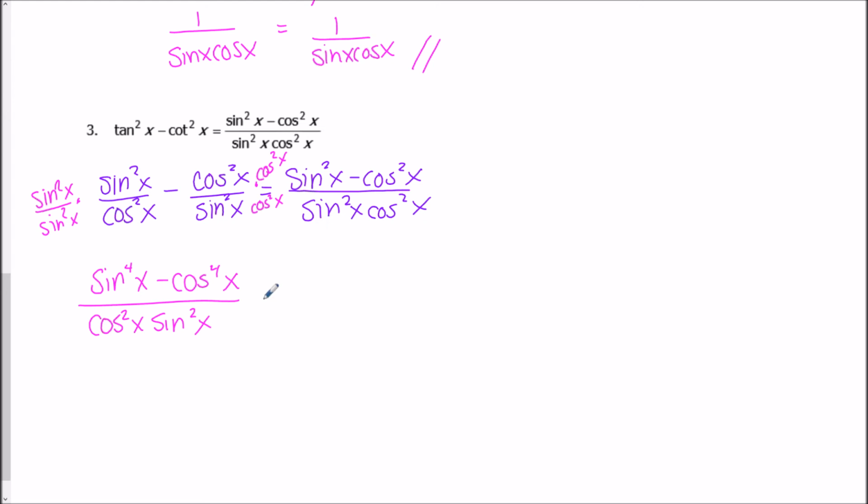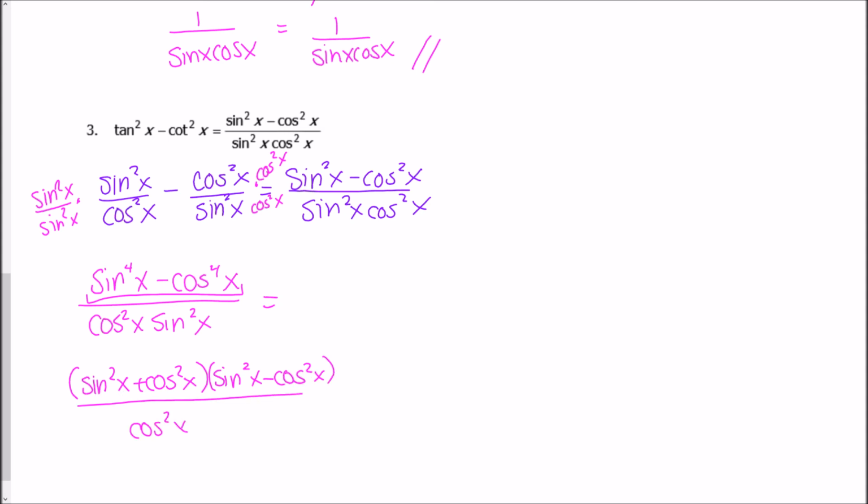Okay, so then I see that this is a difference of perfect squares, so I can factor this as sine squared x plus cosine squared x times sine squared x minus cosine squared x. And that's going to be all over cosine squared x sine squared x.